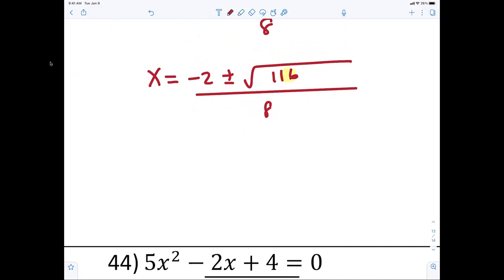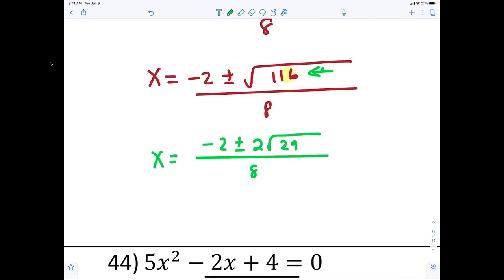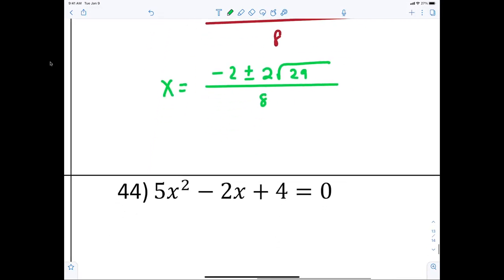Well, I mean, 4 is better than 2. I'm trying to break down the square root of 116. Is that correct? So now we have -2 plus or minus 2 radical 29 all over 8. Is everybody okay with that? Now can you reduce by a factor of 2? Does everybody agree? You're reducing both of those by 2, right?